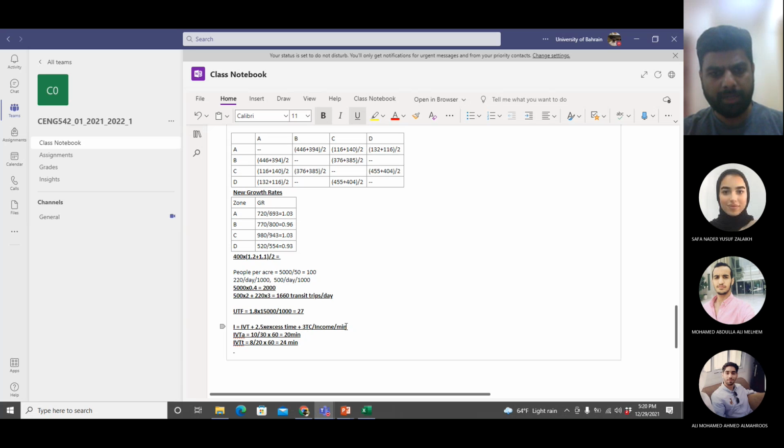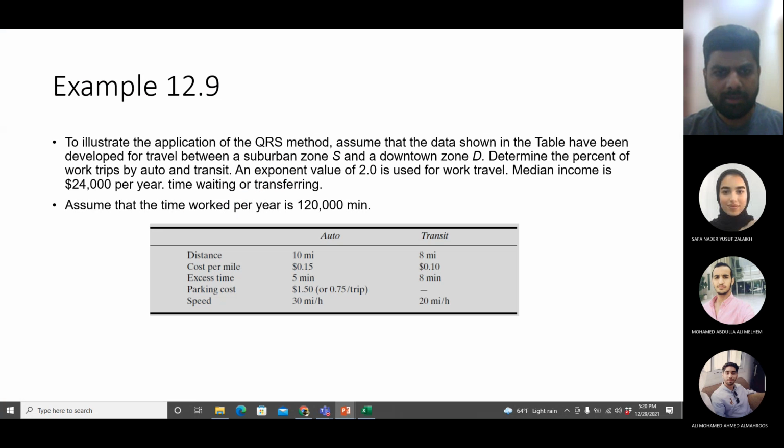If I calculate the trip cost for car, then I have 0.15 per mile, so 0.15 into 10, plus 0.75 per trip. So 0.15 into 10, the distance, plus 0.75 per trip. This will be the total cost.